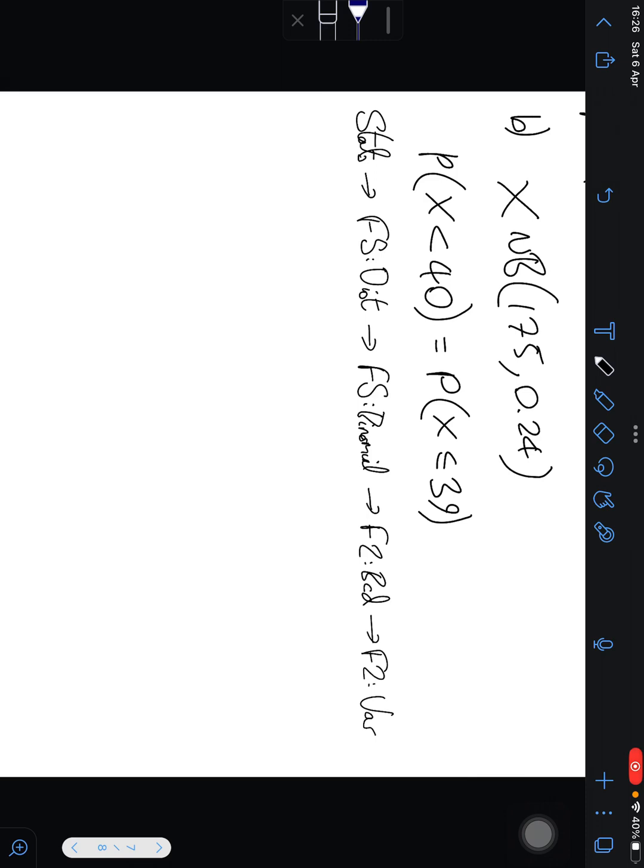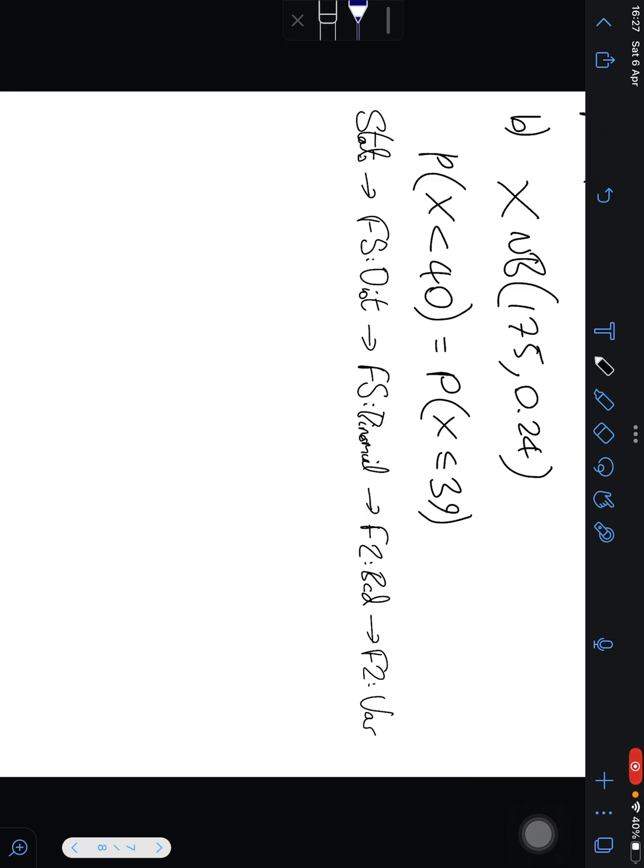So let's put our values in. Mine says variable. My lower bound is 0, because with discrete random variables, you can't go below 0 number of trials. My upper bound here is going to be 39. And then my number of trials is 175, and probability of success is 0.24. Execute.